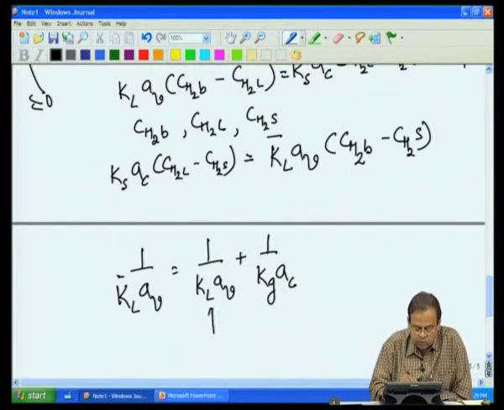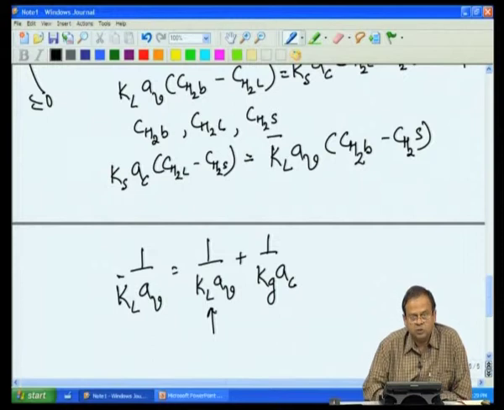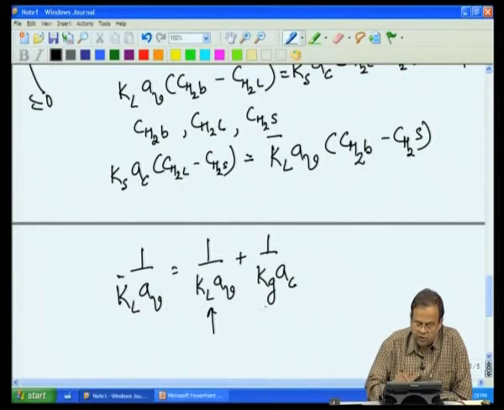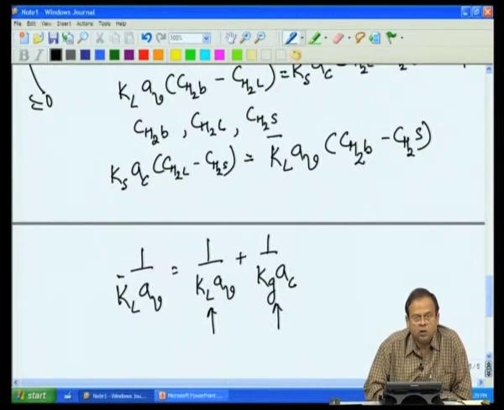This is the representation of resistance in terms of gas liquid interface, and resistance across the liquid solid interface.